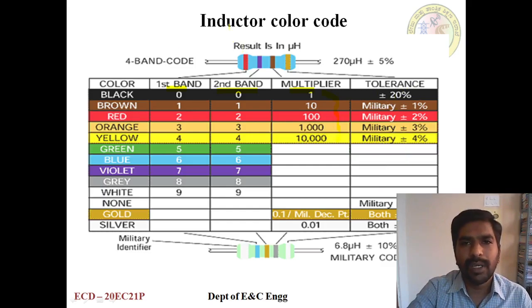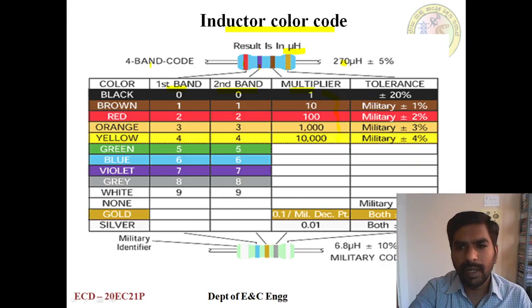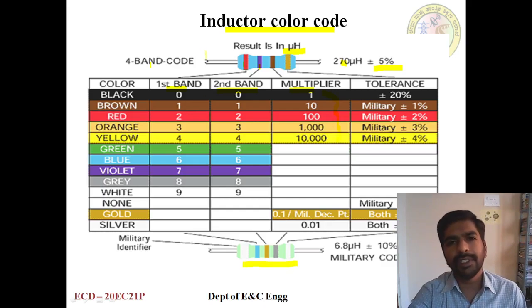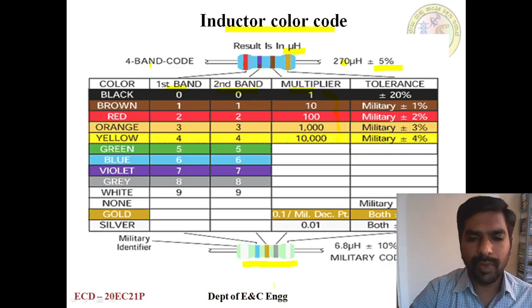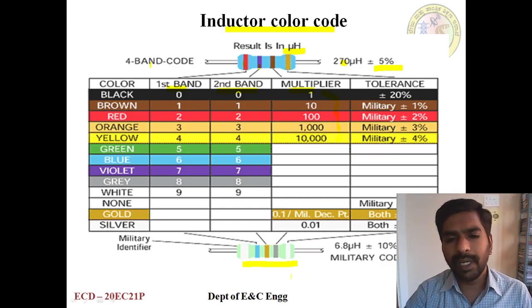Here 4 band color code, unit will be microhenry. See here the 4 bands, red is 2, and violet is 7, 2, 7, and brown means 10, so 270 microhenry. Gold means it's a 5% tolerance value. This is normally a resistor value, and this 5 band resistor value is used in military identification. Same thing, they will use first 2 digits, 3rd digit, multiplier and tolerance also.